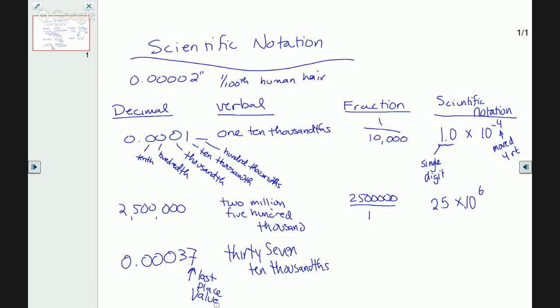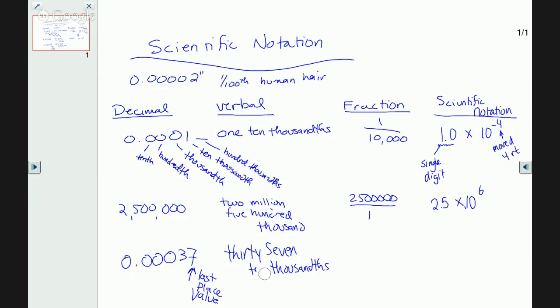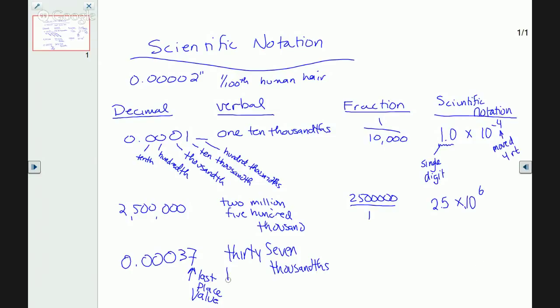Or, oh wait, hold on. That's not it. No, it's not. Yeah, try to mess up correctly, please. Which one is it? Yep, you got it. Good catch. Should be 100,000. Tens, hundreds, thousands.